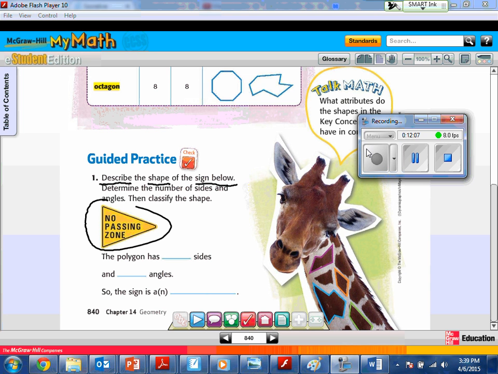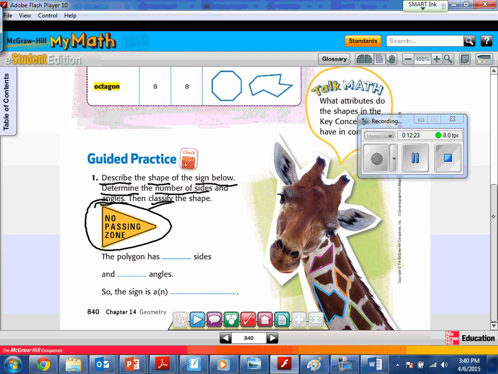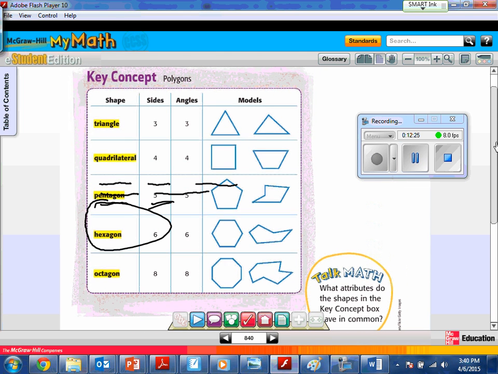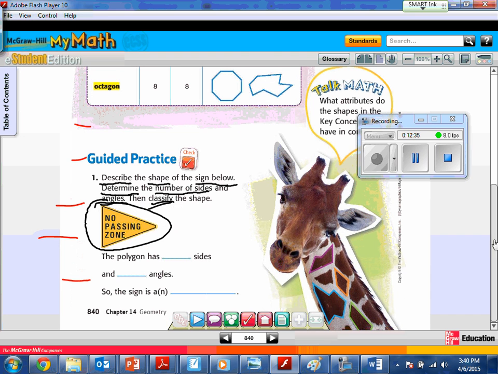We want to determine, or figure out, the number of sides and also the number of angles, then classify, meaning tell what kind of shape this is. Is it a triangle? Is it a quadrilateral? Is it a pentagon? Is it a hexagon? Or is it an octagon? That's what they mean when they want us to classify the shape.